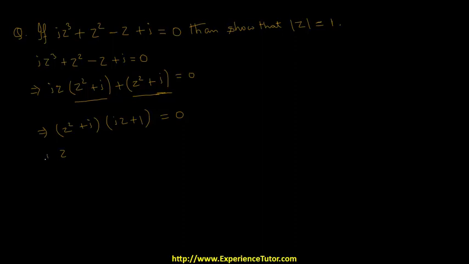When this part is 0, then z² is equal to −i, which implies that modulus of z² is equal to modulus of −i, which is equal to 1.